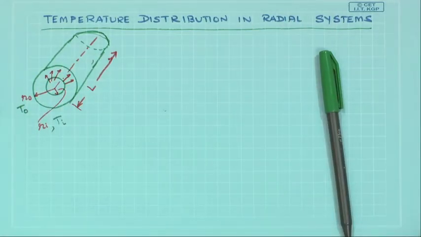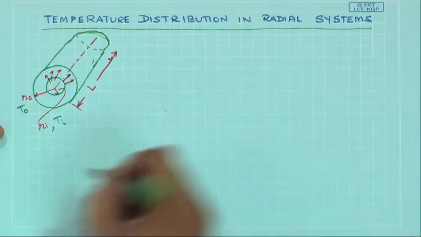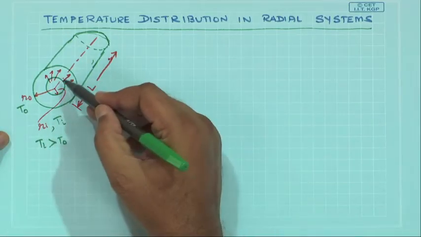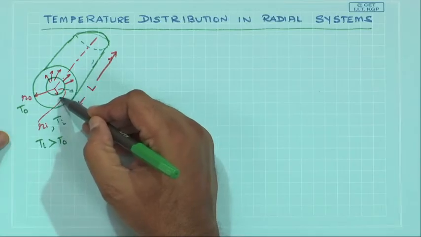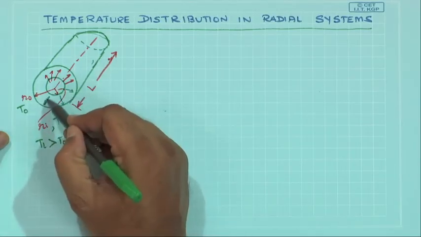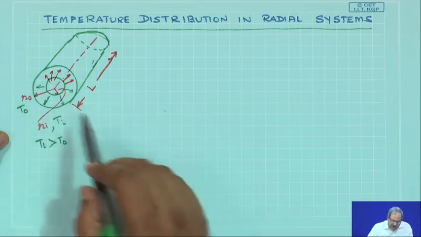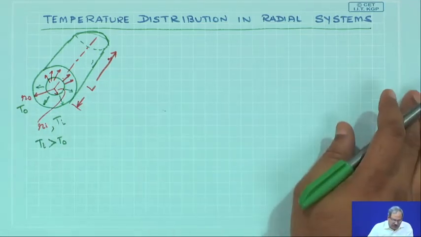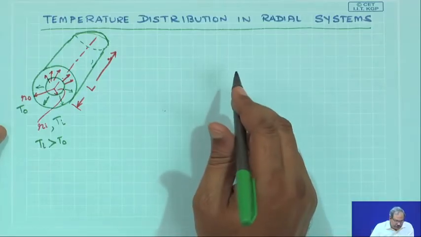So if we assume that T_i is greater than T_o, then this is the radial direction in which heat will flow through the solid material of the cylinder, and we are trying to find out what is going to be the resistance for heat flow.